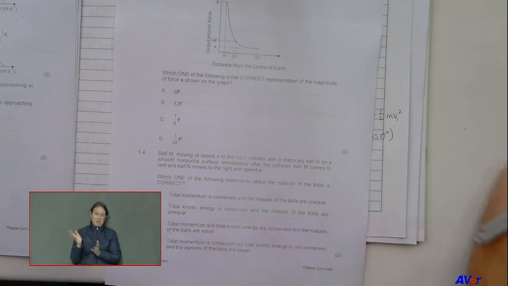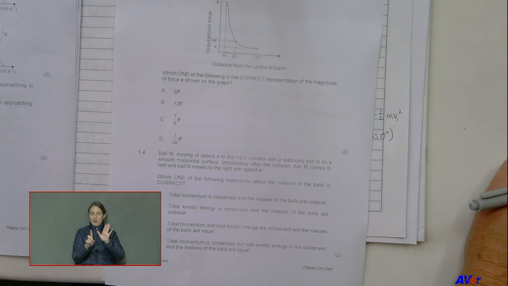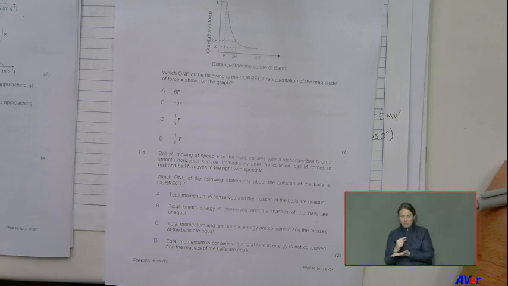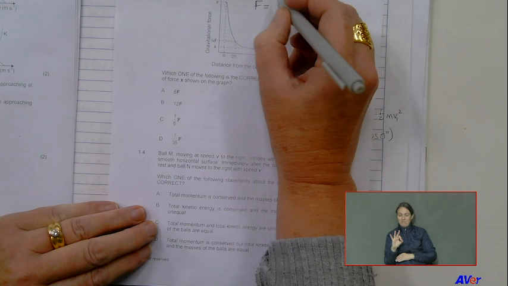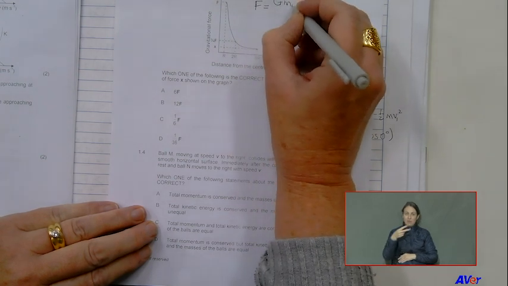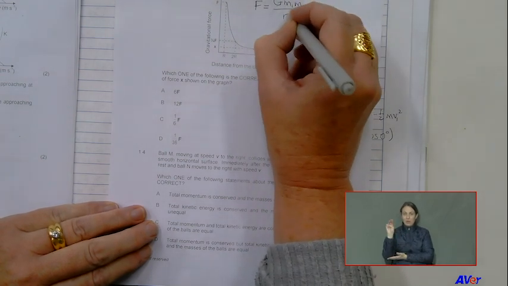The graph below, not drawn to scale, shows the relationship between the gravitational force on a given mass and its distance from the center of the Earth. The magnitude of the force on the mass at a distance r from the center is F. So I'm busy now with this formula: F equals G m1 m2 over r squared.